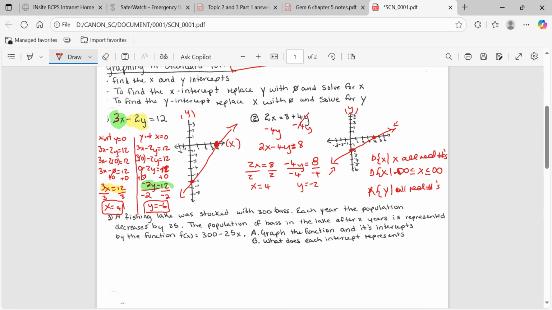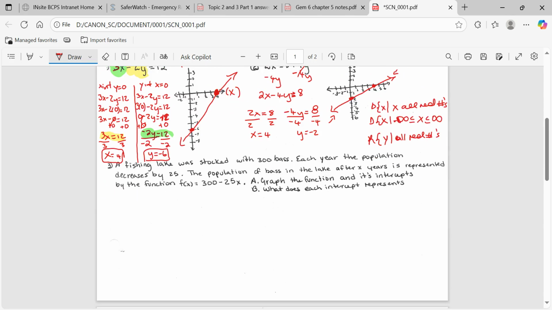All right, now let's look at number 3. When we see a word problem, first thing we do is read it. It says there's a fishing lake and it's stocked with 300 bass. Each year, the population is decreasing by 25. The population of bass in the lake after x years is represented by the function f of x equals 300 minus 25x.